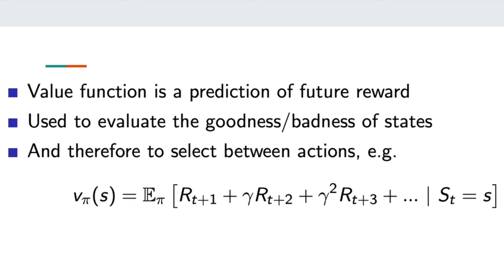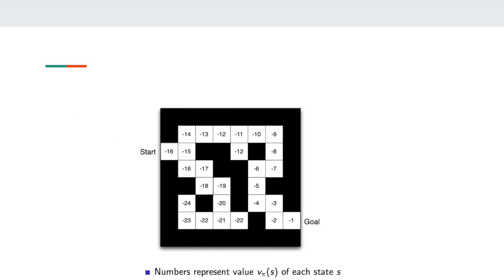All we need to do is greedily choose which one of the future states we should go to, and then choose the action that corresponds to getting us to that state. And so for the same grid world problem that we were talking about earlier, this could be a possible value function.